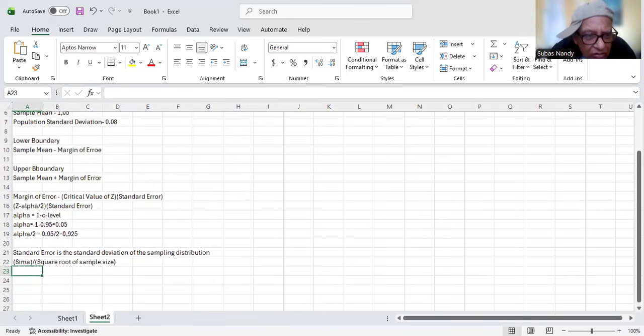So we need to know how to calculate the margin of error using Excel.